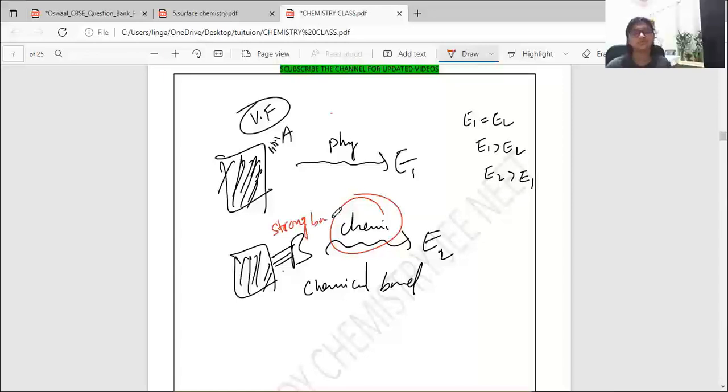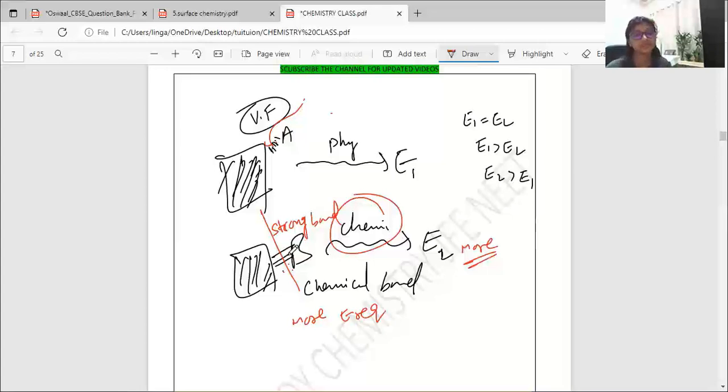When a strong bond is there, more energy is released. Here a weak bond is there, it can easily break up, so less energy. To break a weak bond, less energy is needed. To break a strong bond, more energy is required. Simple logic. More energy required means while it is forming, more energy is released.